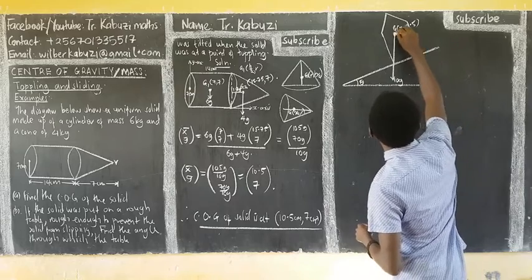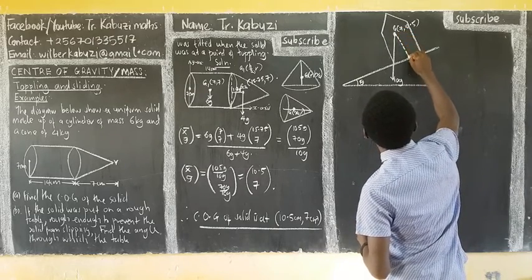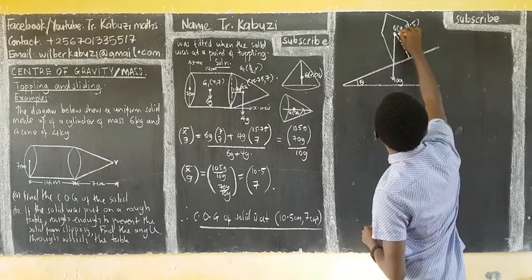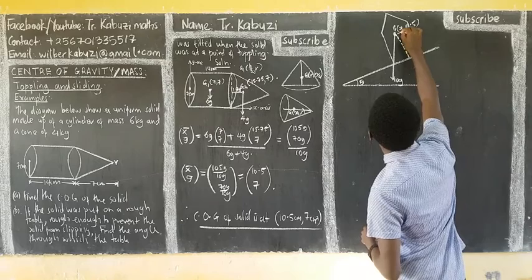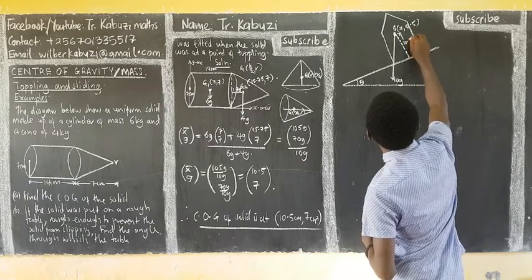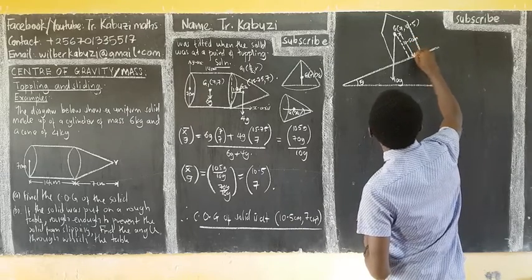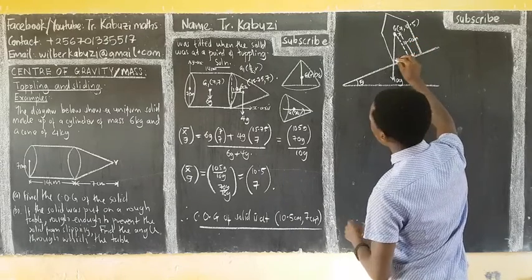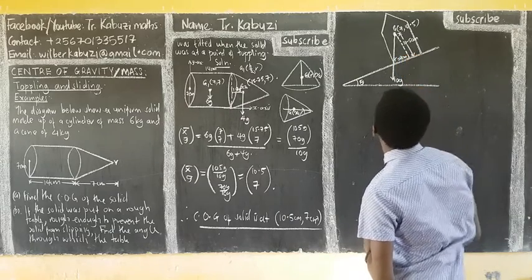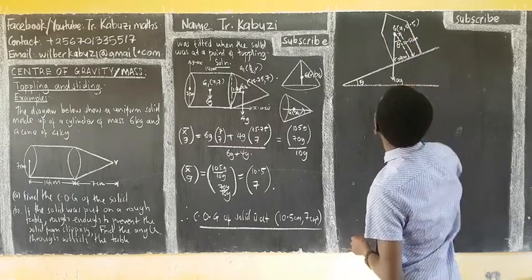Then we are going to be having this line of symmetry there. Remember, from here up to here, our y is 10.5 centimeters. And from here up here is going to be our radius, which is 7 centimeters, as simple as that. So this angle is going to be the angle there.